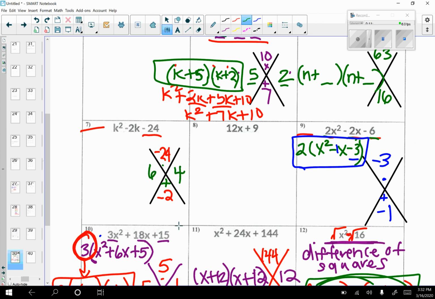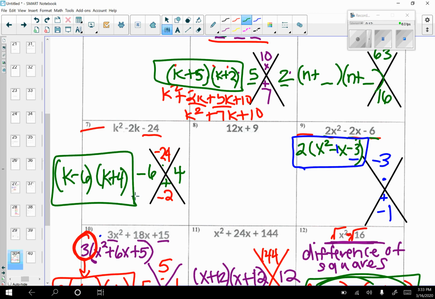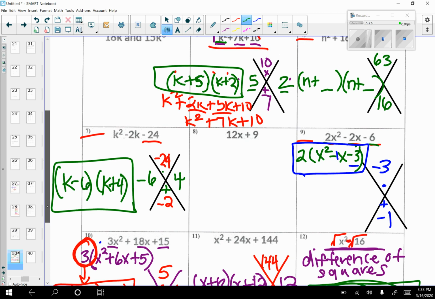But be careful, which one is negative? They need to multiply to negative 24 and add to negative 2. So it's not 6 minus 4, it's actually negative 6 plus 4 that gives me negative 2, and negative 6 times 4 gives me negative 24. So how do we write this? k minus 6 this time, times k plus 4.